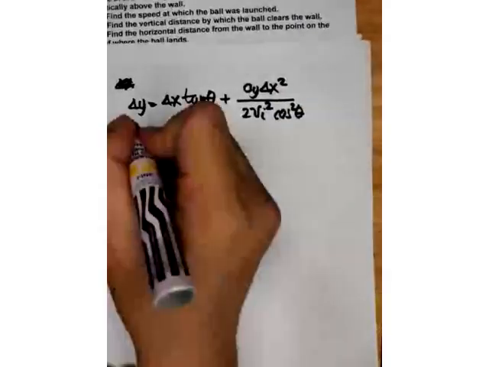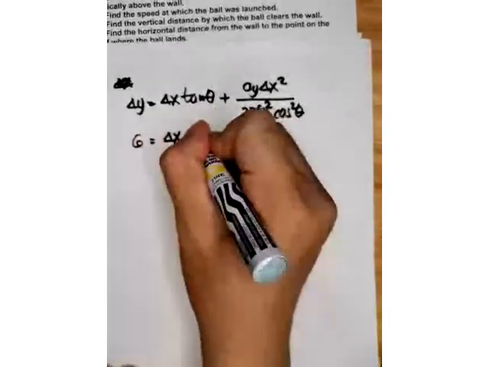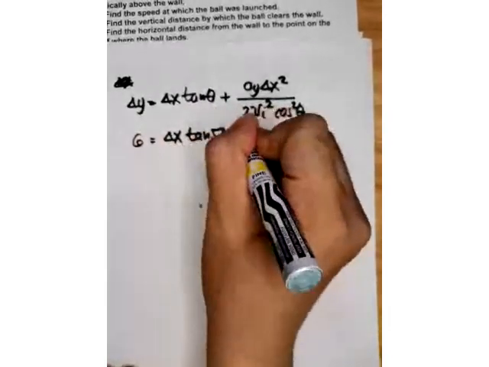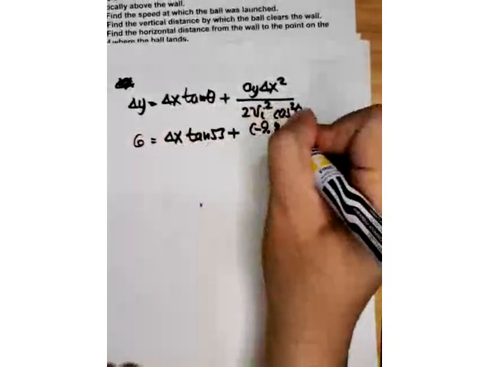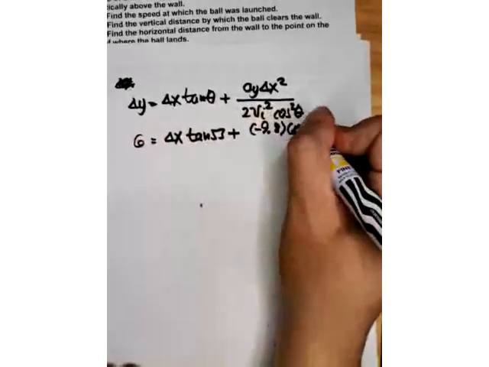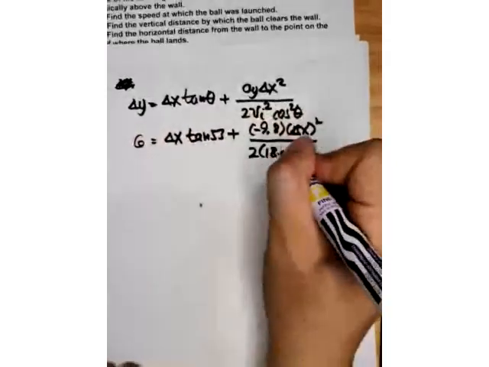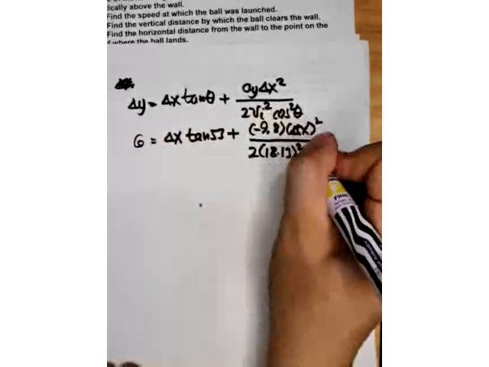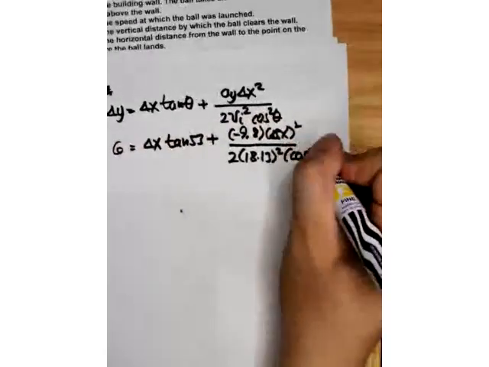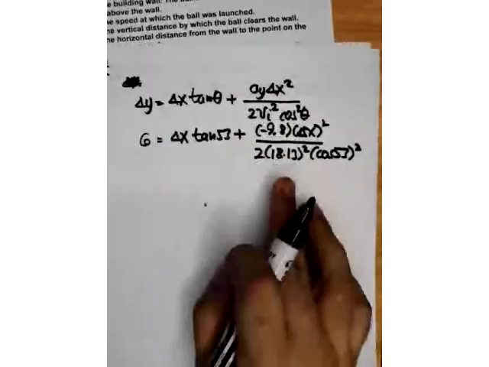Ayan. So what's our delta y? So that's 6. And delta x, that's the unknown. And then tangent 53 plus negative 9.8 times delta x squared over 2 times 18.13 squared times cosine 53 squared. Ayan. So, i-transpose natin to lahat sa kabila.